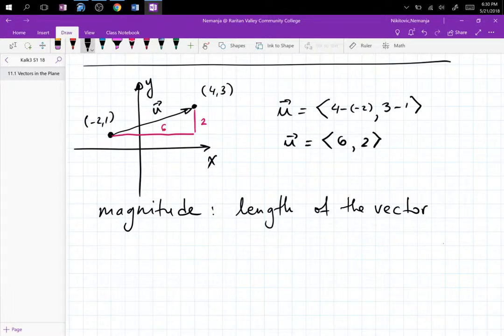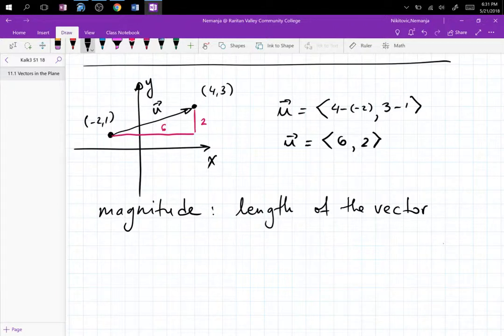Now, if you use the vector to describe a force, then the magnitude of the vector tells us the size or the magnitude of the force. That's the difference the magnitude gives us. In terms of velocity or speed, right? 30 miles per hour versus 60 or 65 miles per hour. So the magnitude will show that.